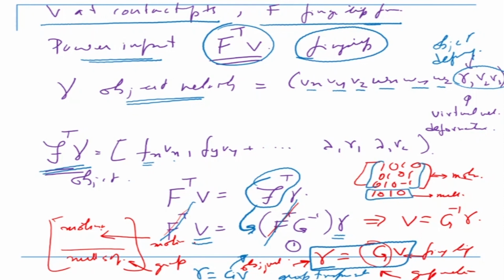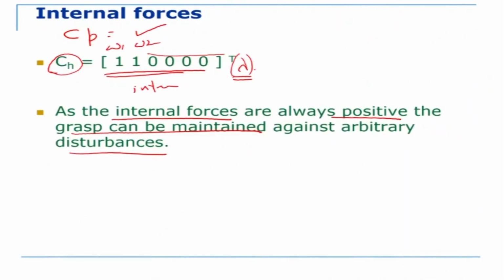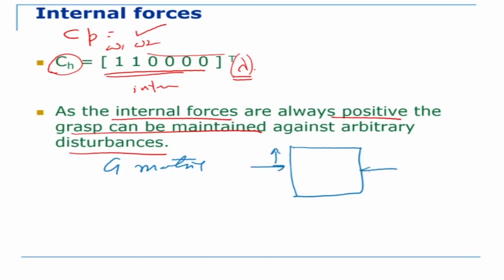If you remember what we had done some time back, let me go back and try to explain this matrix, the G matrix. I'll write it here: the grip matrix. What does it mean? Suppose I have a two-finger grasp, and this is my wrench at the center, fx, fy, mz.